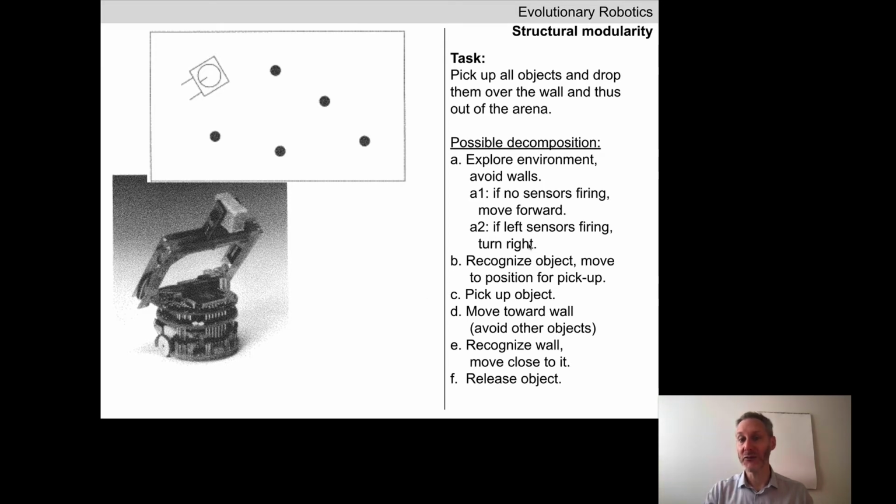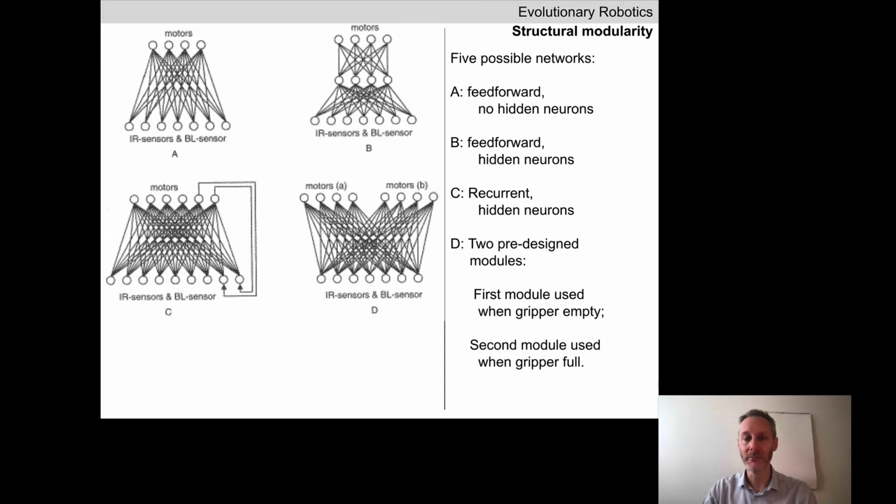You could imagine a different decomposition, which is look for and grab objects and go and get rid of objects, 2 subtasks. Right? Different ways we could carve this up. What is the appropriate way to carve up this task from the point of view of the robot and the evolutionary algorithm? Okay. I like this particular study because the investigators sort of snuck up on this problem.